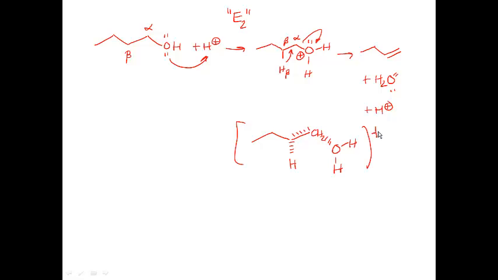Where would the delta plus charges go? There would be a delta plus charge on the oxygen as it goes from oxonium ion to neutral water. And there would be a delta plus charge over here on the beta hydrogen. So this would be the transition state for this elimination reaction. And this would be a concerted elimination, so therefore we would call it E2.